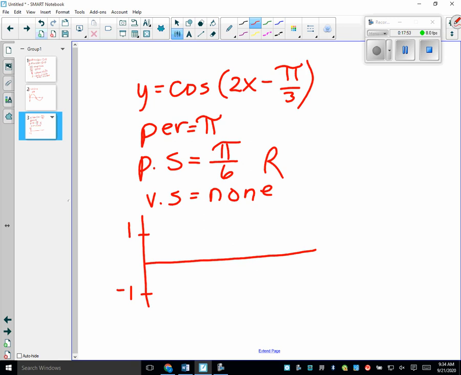What would be a common denominator between pi over 6 and pi over 4? Pi over 12. Well, it could also be 24. It could, but it doesn't really matter. But 24 puts a lot of tick marks in it. So if I can stay with fewer, it makes my life easier.